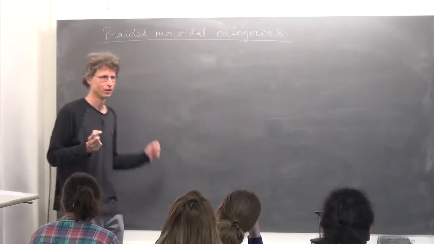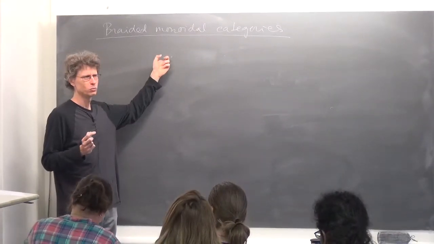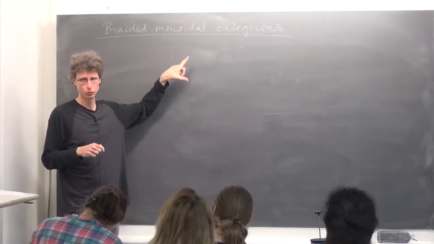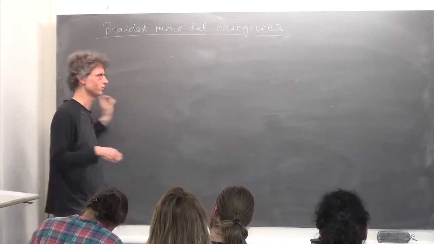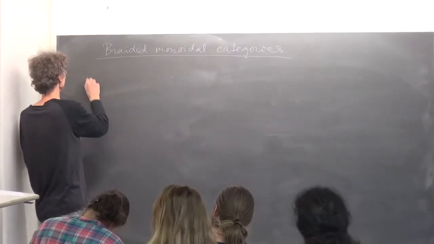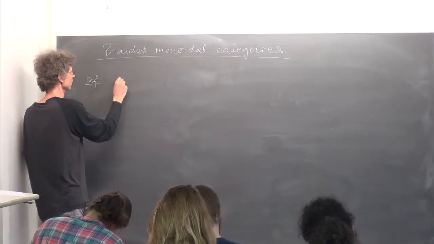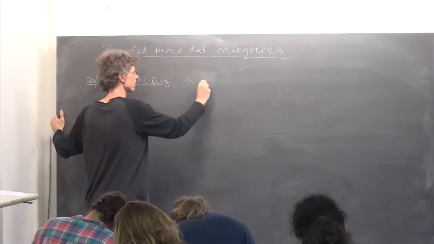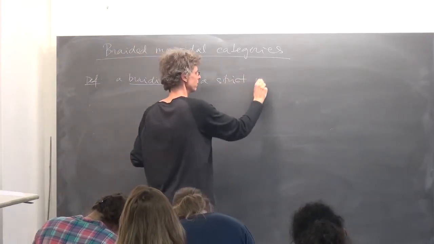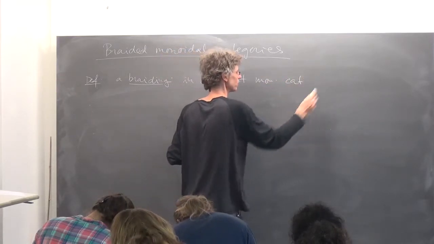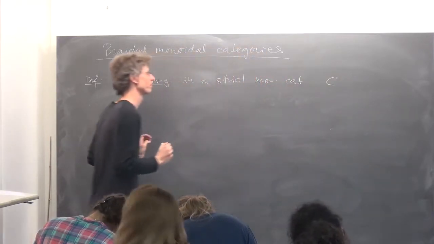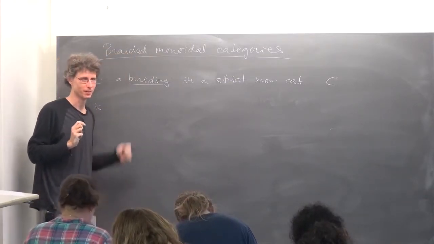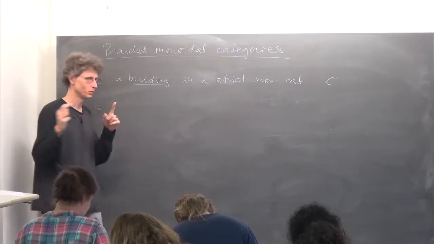Everything is fine. So let me now tell you what would be braiding in a strict monoidal category, and then let's work back in those gammas. So a little definition: a braiding in a strict monoidal category C is, so why are we caring about it?